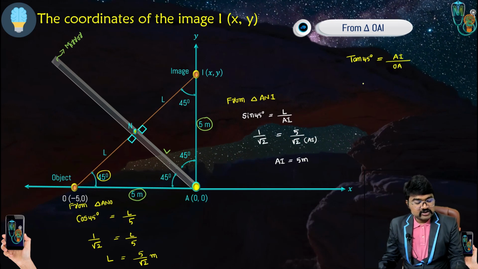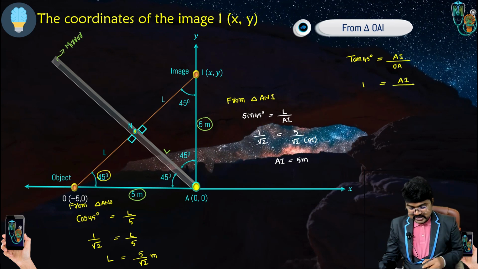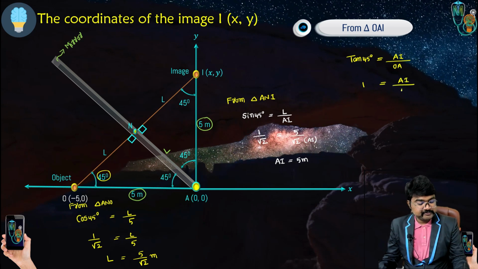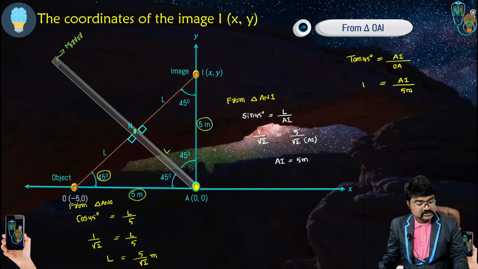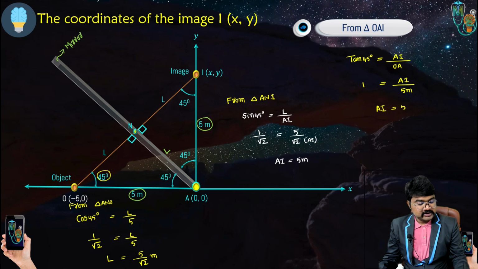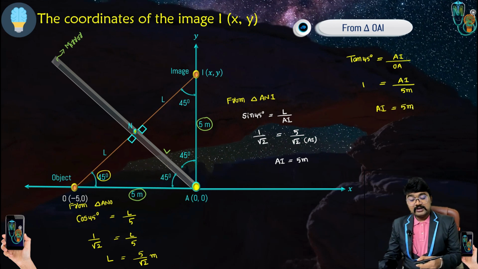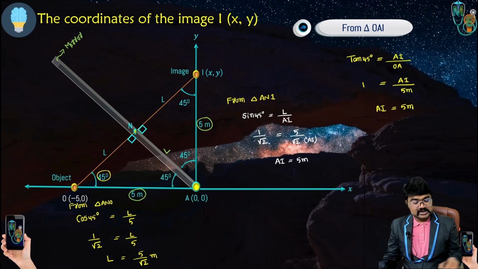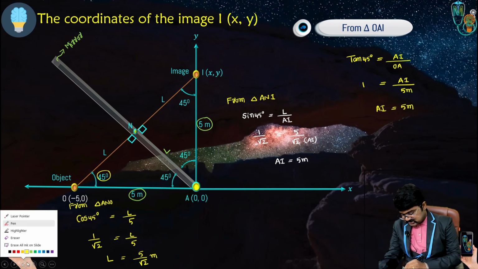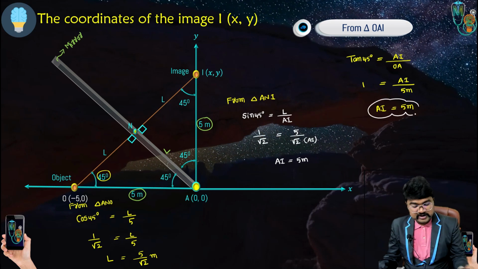Tan 45 equals 1, so AI by OA is 5 meter. So AI equals 5 meter. It should be on the y axis. Understood? So here I can say that AI equals 5 meter.